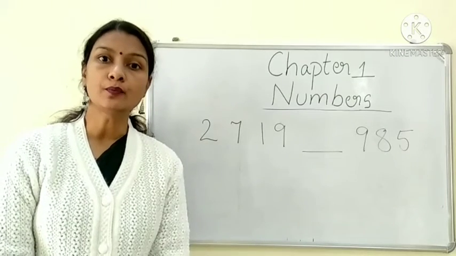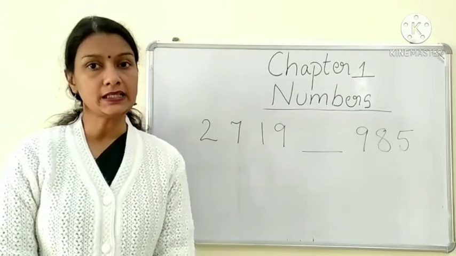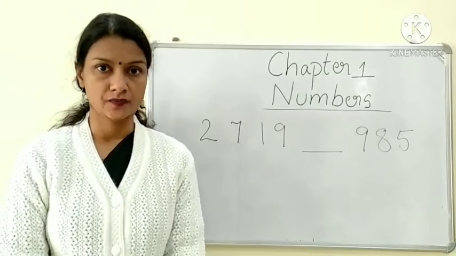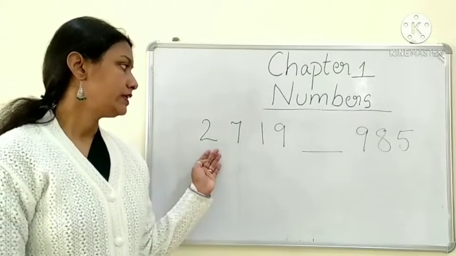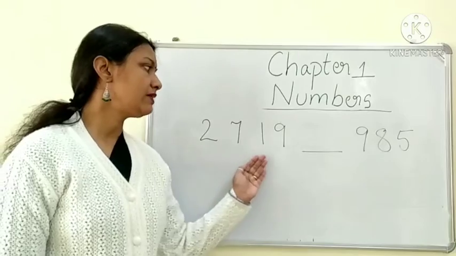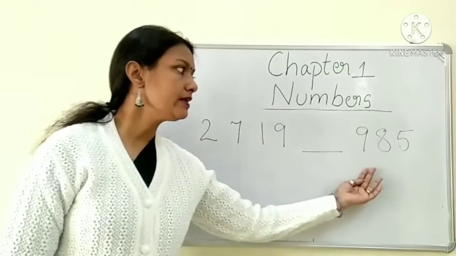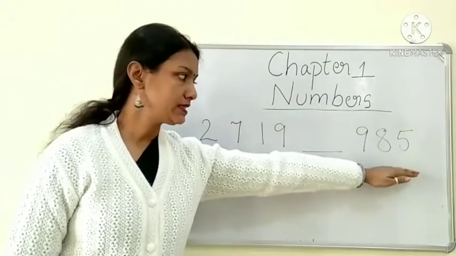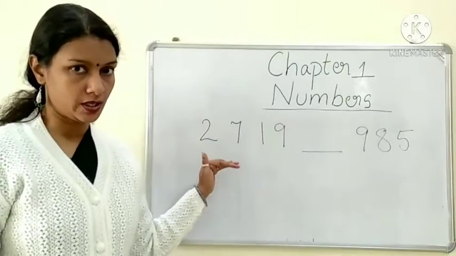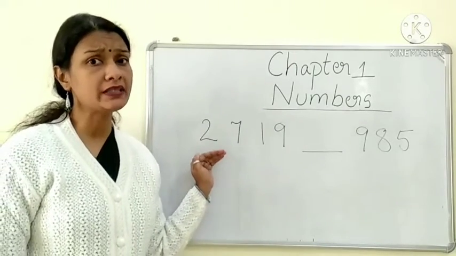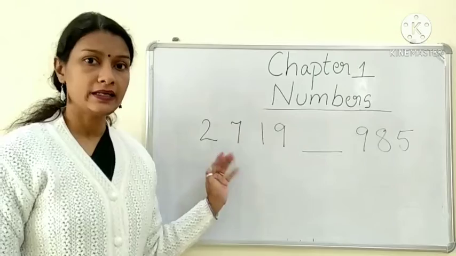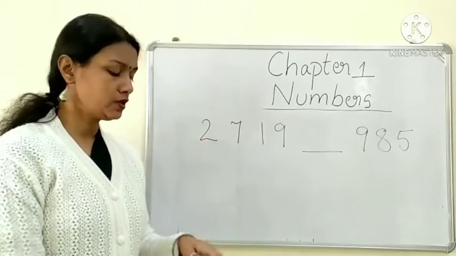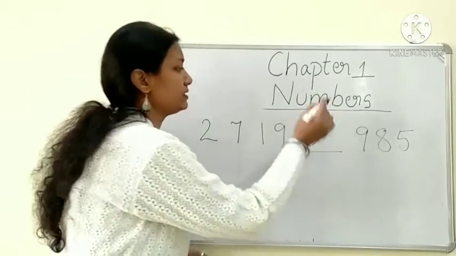The number with more digits is greater than the number with fewer digits. For example, here 2719 and 985. This is a 3 digit number, this is a 4 digit number. So the number with more digits is the greater number. So here 2719 is greater than 985.